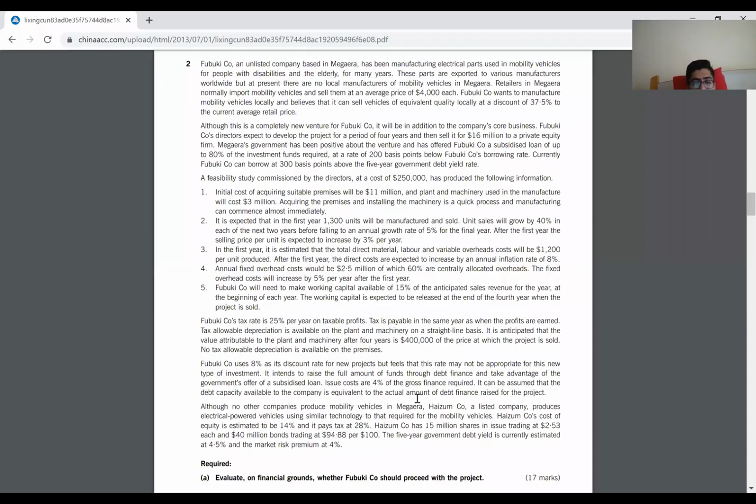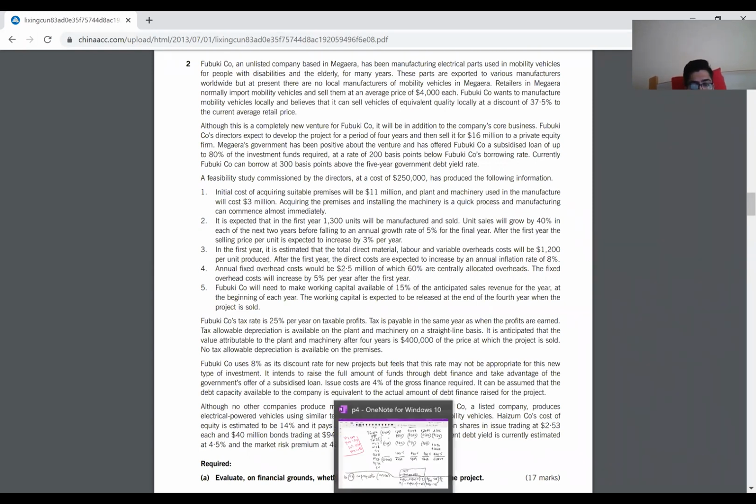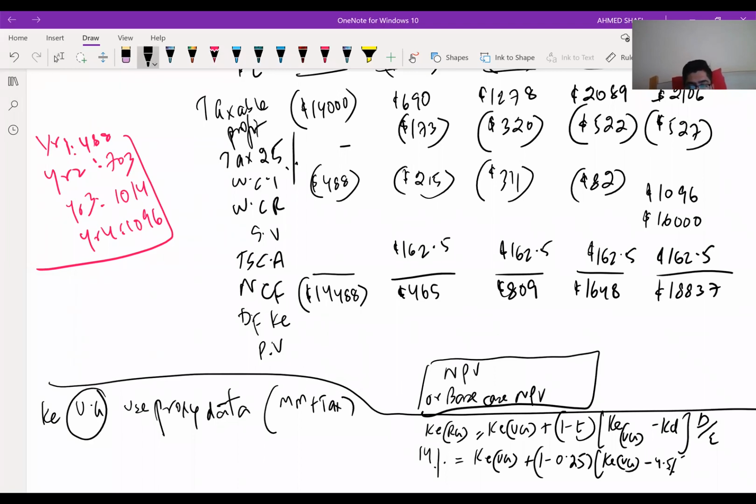D over E is the market value of debt over the market value of equity. The balance sheet value of debt is 40 million trading at 94.88 by 100, so it's 37.95 million. And the market value of equity, you can see 15 million shares trading at 2.53, 37.95. Both are the same.